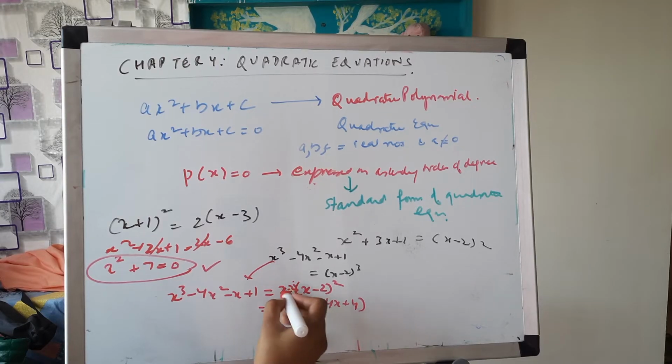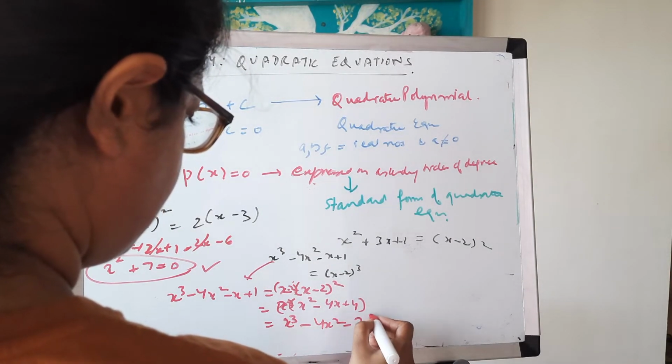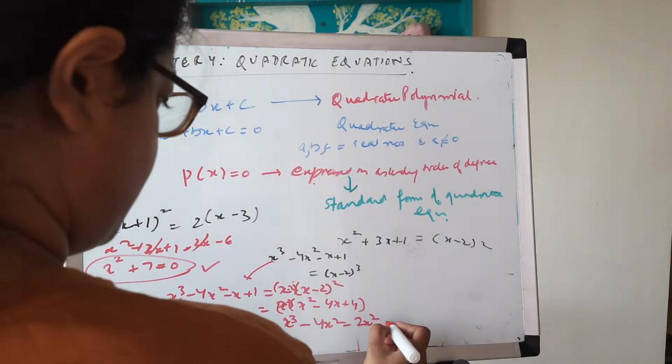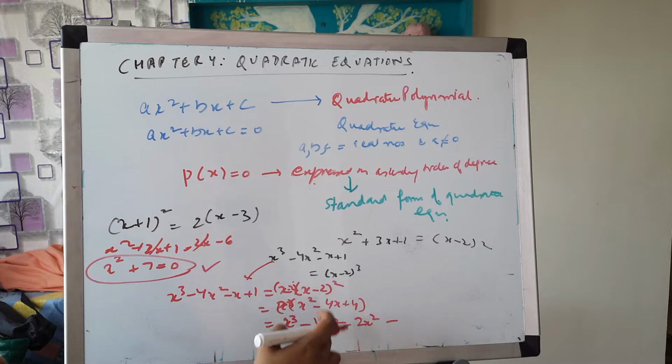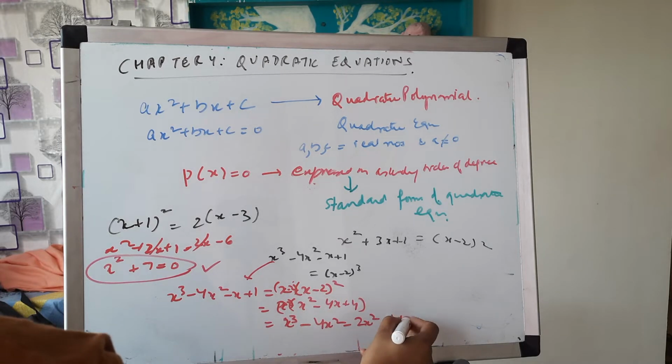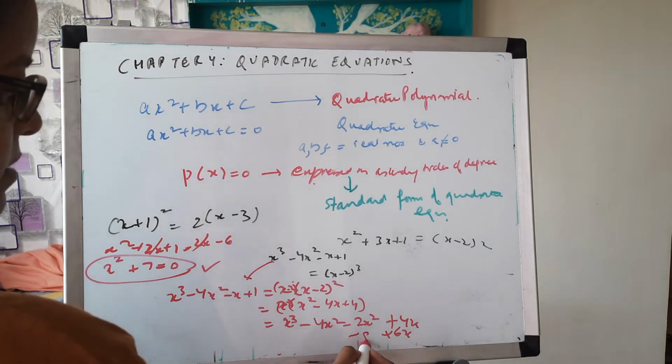So this is x minus 2. x into x cube, x into this minus 4x square, x into 4x plus 4x, minus 2 into x square is minus 2x square, minus 2 into minus 4x is plus 8x, and minus 2 into this is minus 8.